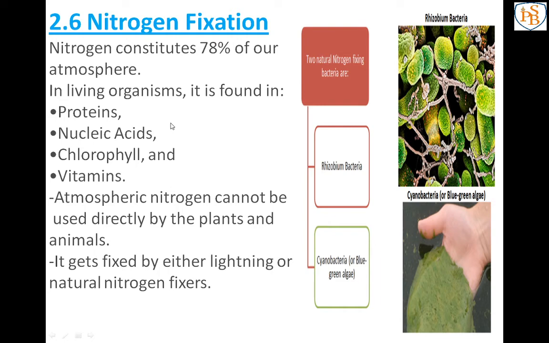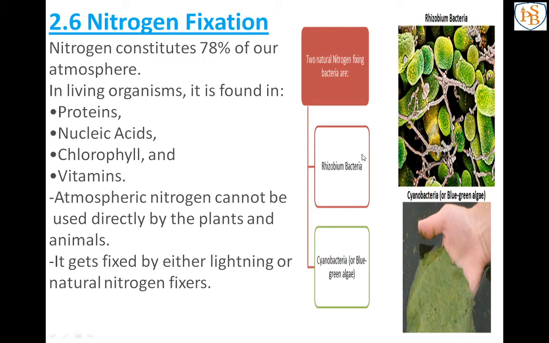These are the two nitrogen fixers, that is rhizobium bacteria and cyanobacteria, that is blue green algae, that I have mentioned here. One point is increasing soil fertility, the use of microorganisms, where we are learning about biological nitrogen fixers.